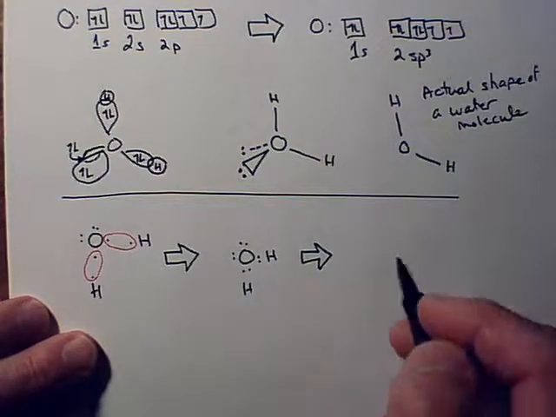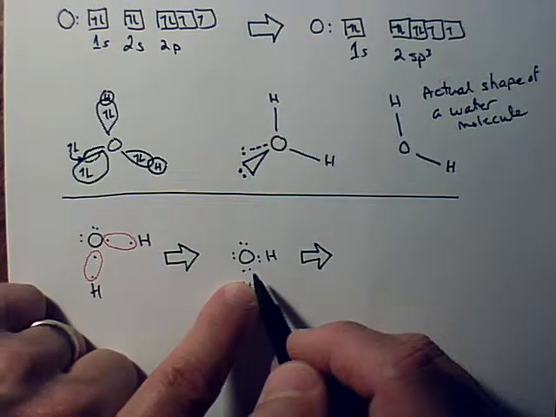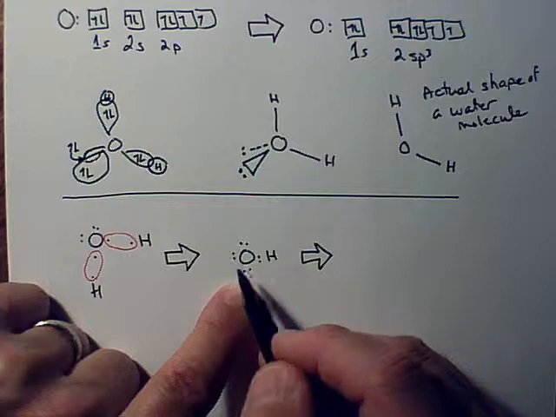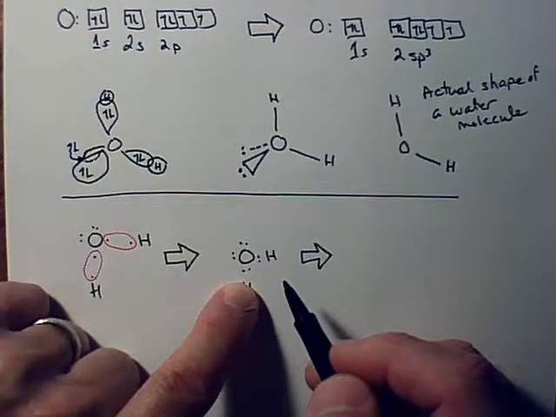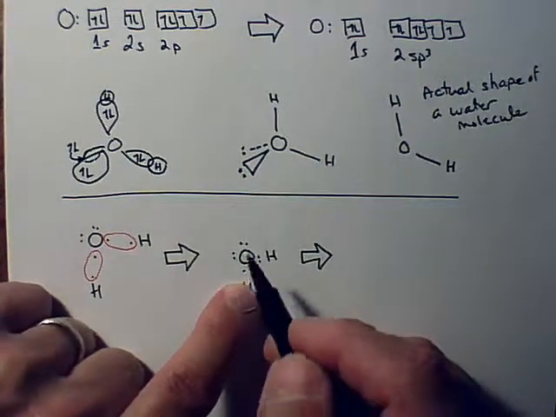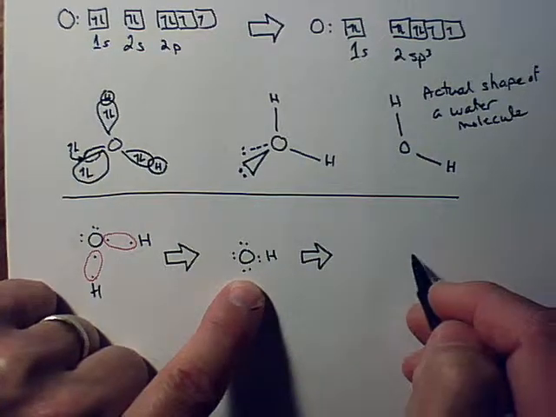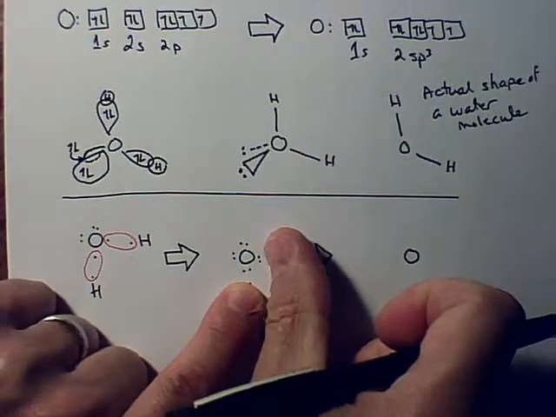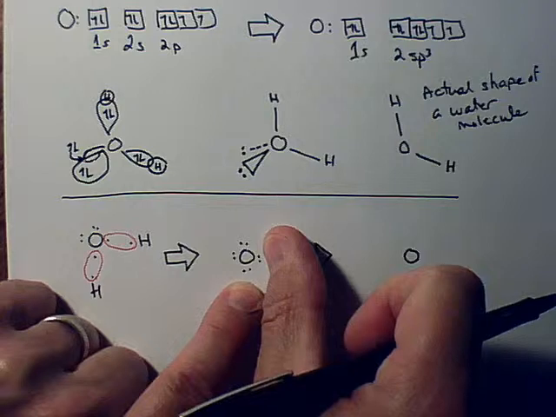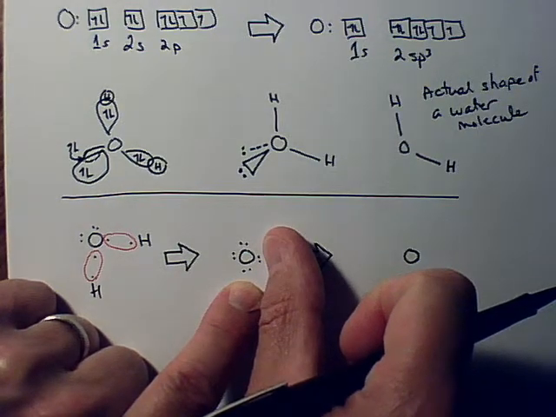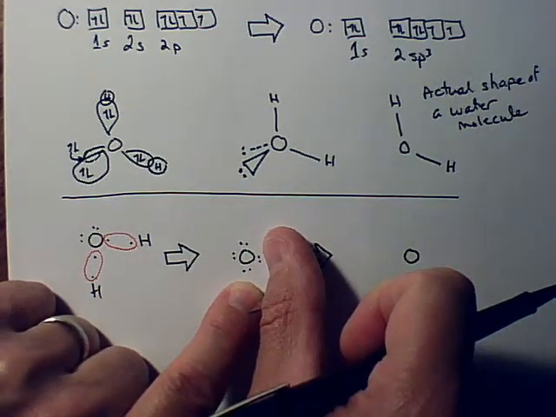Now, the way you do the electron pair shape is you find your central atom, the one around which you're trying to find the shape of the bonds, the direction of the bonds. That's oxygen. And all you got to do is just count the sets, not pairs necessarily, because later on when we get to double and triple bonding, we'll find out about that. Count the sets of electrons around that central atom.